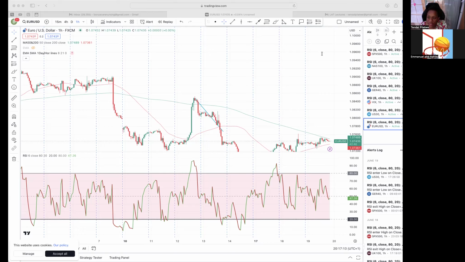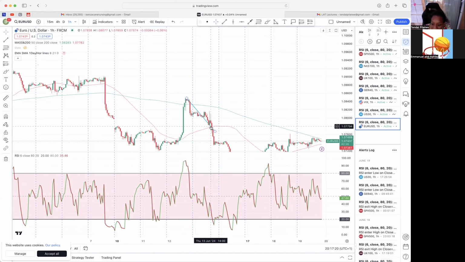So what lot size did we use here? When we got on our trade, remember we are assuming we actually went in the trade, but we didn't. But from now on, now you know that you always write your lot size here, right? So for the sake of journaling, I'm going to put 0.01.